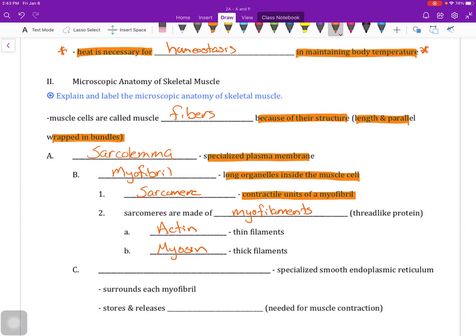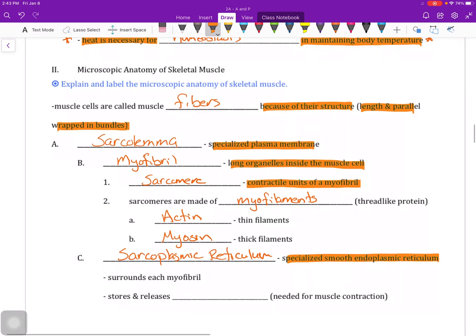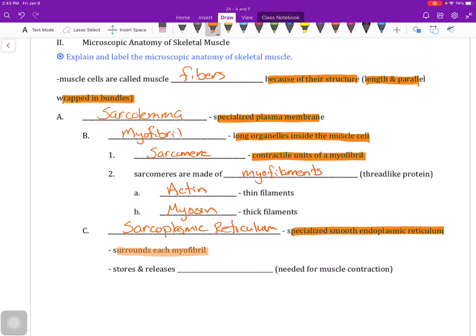The specialized smooth endoplasmic reticulum is referred to as sarcoplasmic reticulum. Its function is that it surrounds each myofibril, and it stores and releases calcium.